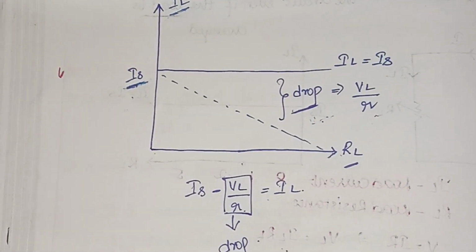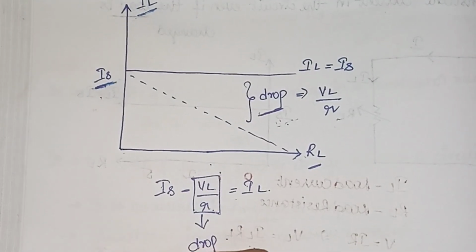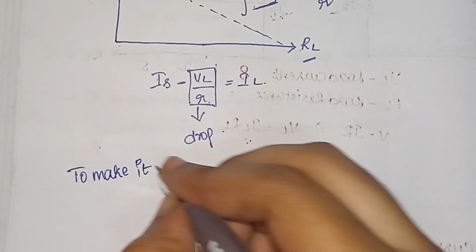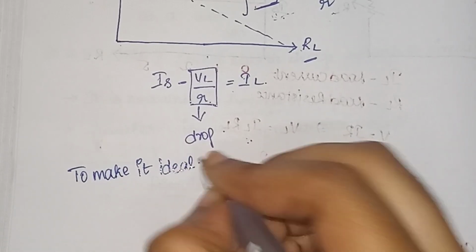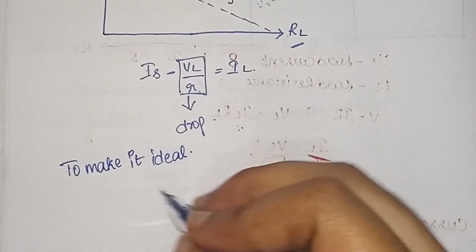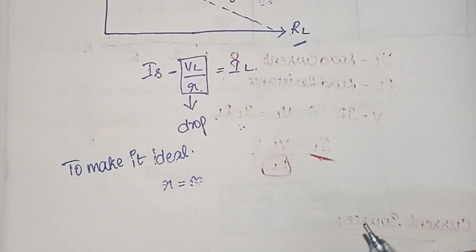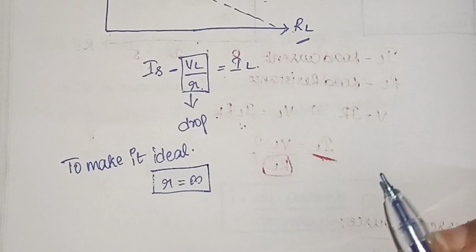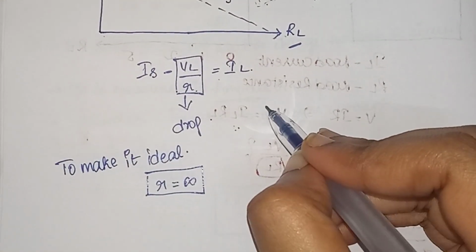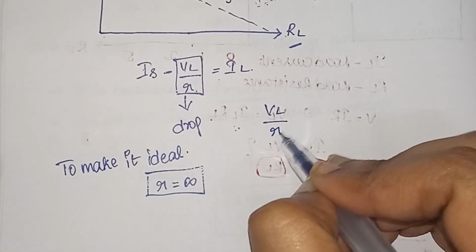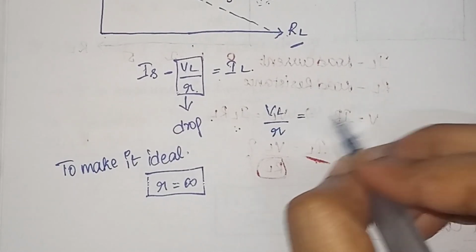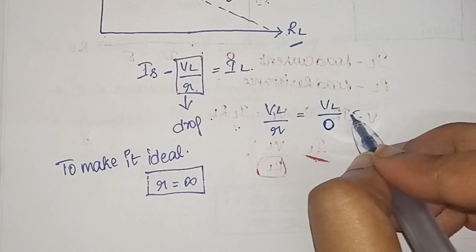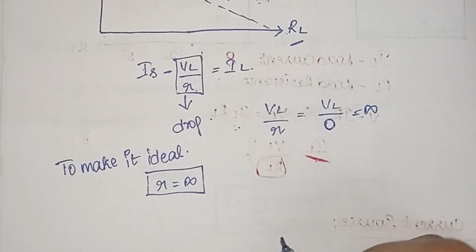Now to make it practical, what can we do to make it ideal? We need to put R equal to infinity. Why do we need to take R equal to infinity? For example, if we have VL by R and I substitute 0 in place of R, anything divided by 0 will give infinity, which is not possible for us.